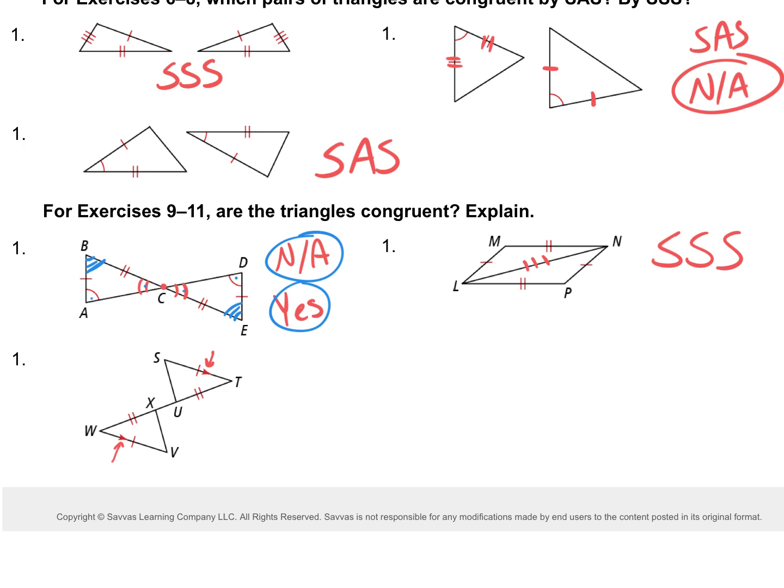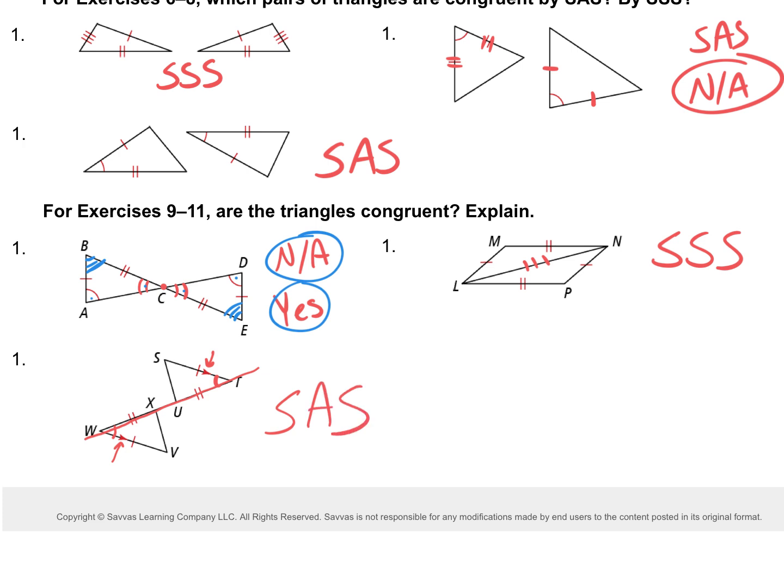So with those parallel lines, remember, treat this as the transversal. What angles do we also know are congruent? W and T. We know these 2 angles are congruent. So are these 2 triangles congruent? By side, angle, side. Good.